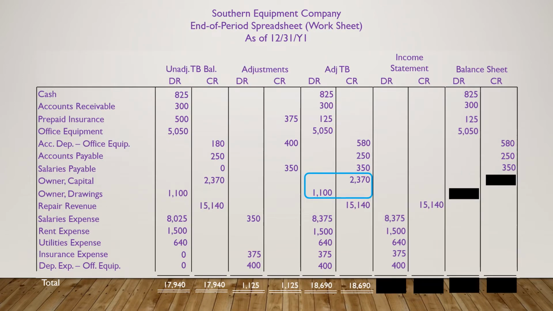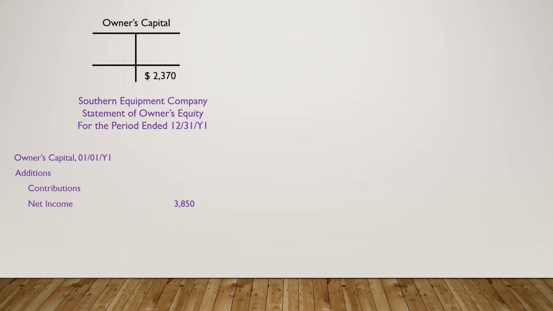Next, we pull the owner's capital and drawings amounts to build our statement of owner's equity. We start by listing the beginning year owner's capital balance, then add in the additions to owner's capital from contributions and the net income from the income statement. We then have to look at the actual ledger account for owner's capital.